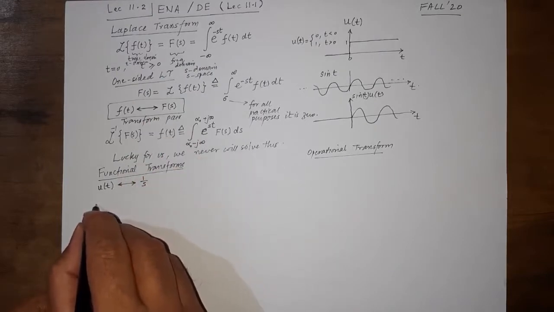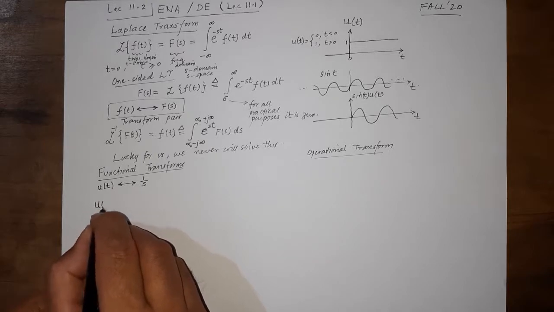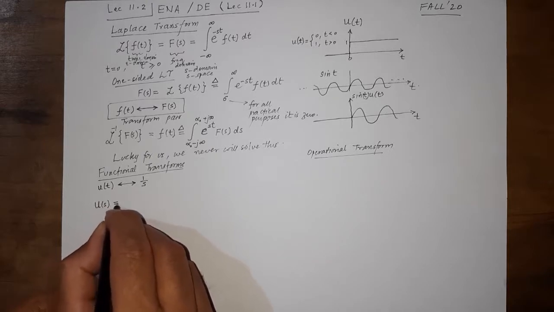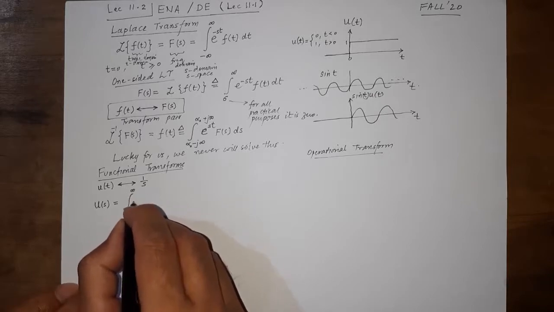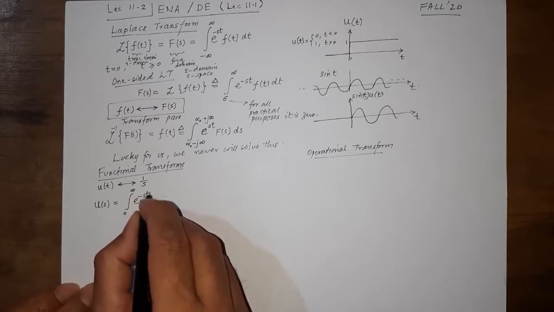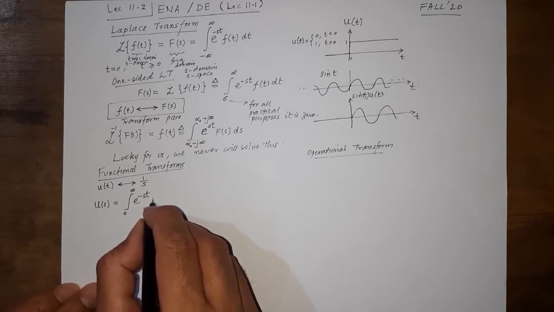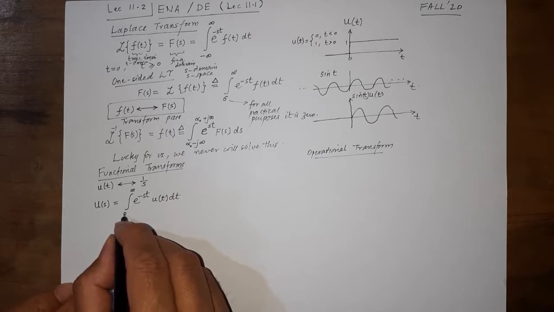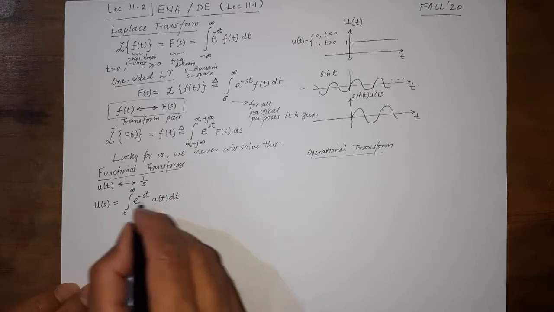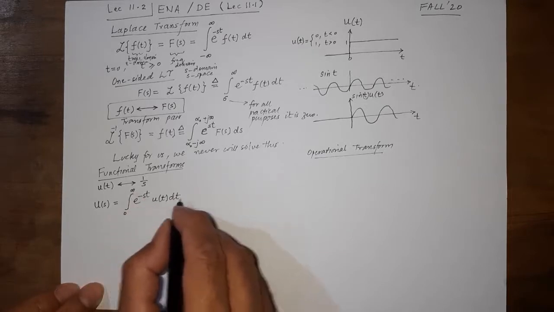So if u(t) is to be transformed, then by definition we are going to solve this integral of e raised to the power minus st and u(t) dt. But for this interval of time 0 to infinity, u(t) is 1.